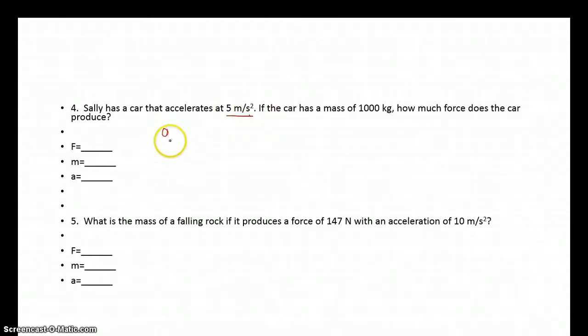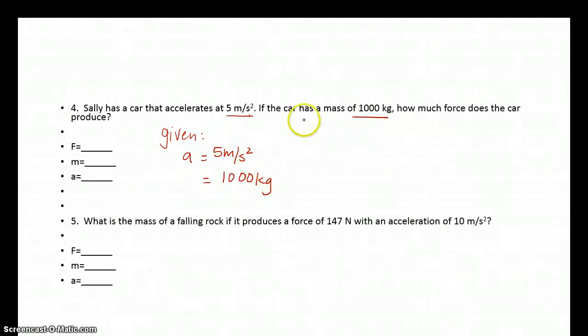So our givens in this case are 5 meters per second squared, and this is a unit of, or a measurement of acceleration. The reason I know that is because of that square. I know that's acceleration. The next number I have is 1,000 kilograms. Okay, in that case, I know that this is mass because it tells me so.